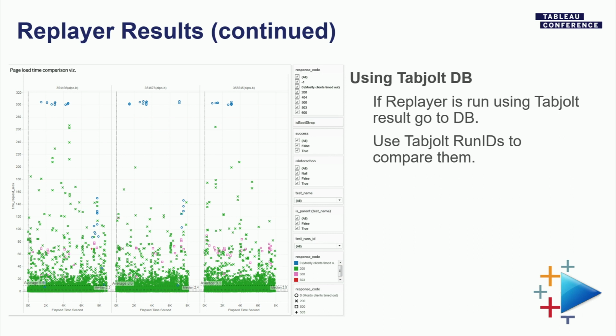As you can see, some have timed out, as we have set a timeout of 300 seconds. And the average and median seem to be quite consistent in all these runs. So you can use all these results to come to a conclusion on whether you want to move on with the changes.